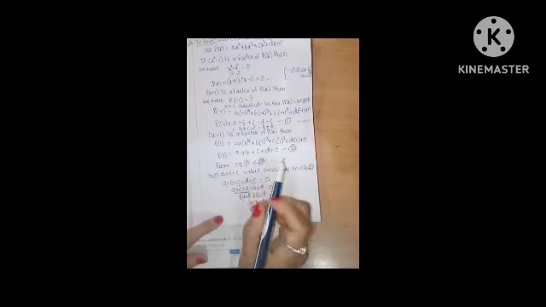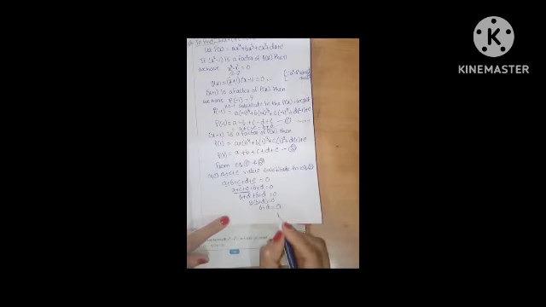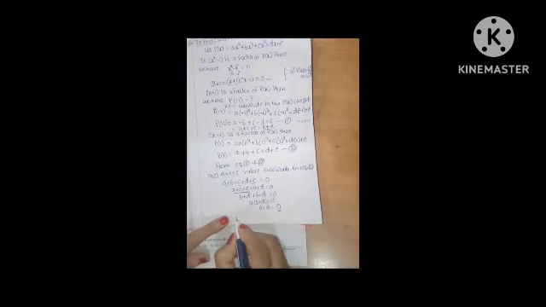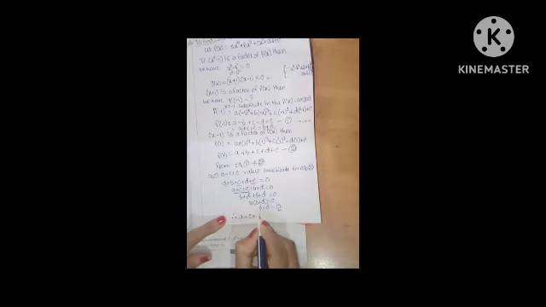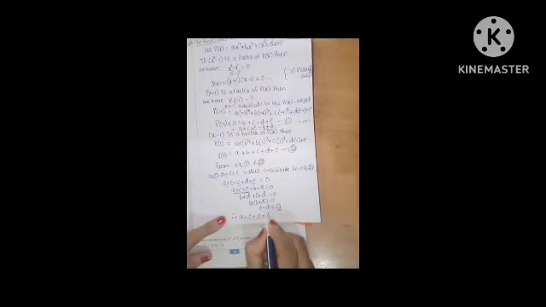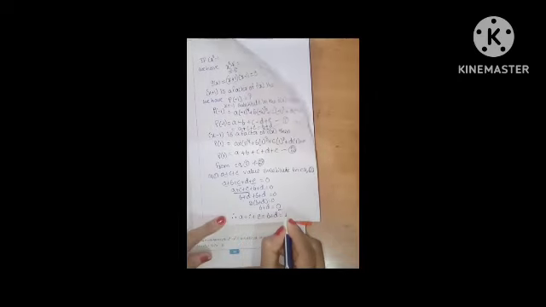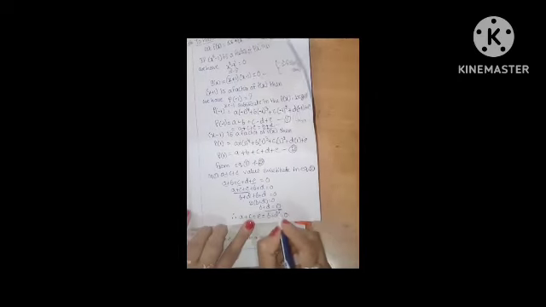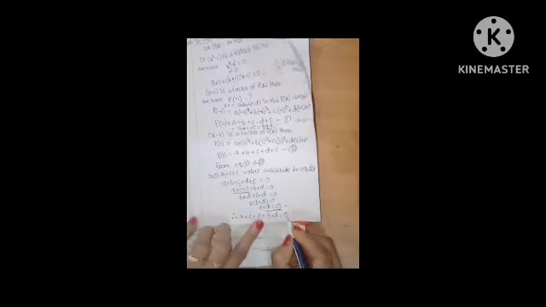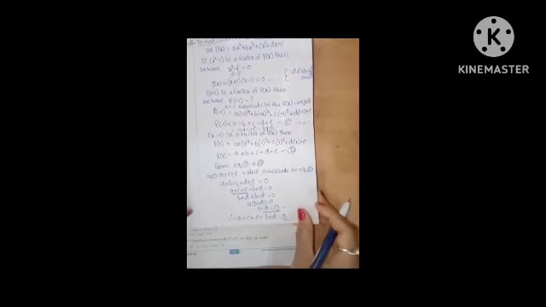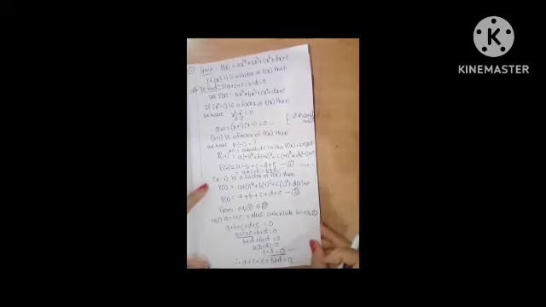A plus c plus e and b plus d, is it equal to 0? Yes, equal to 0 only. So therefore a plus c plus e equal to b plus d equal to 0. So it is proved only. Our solution is correct only. Are you understood?